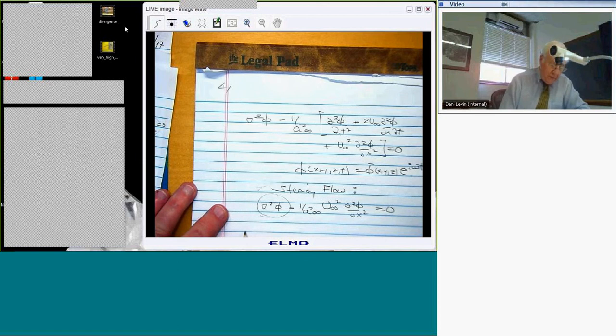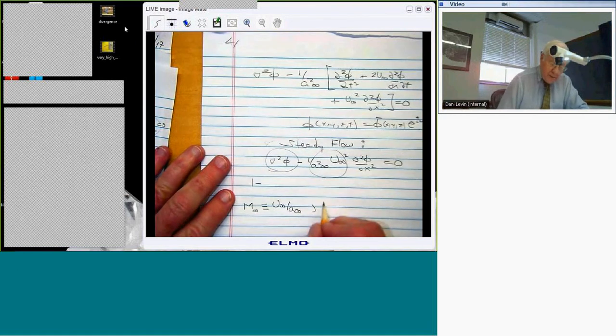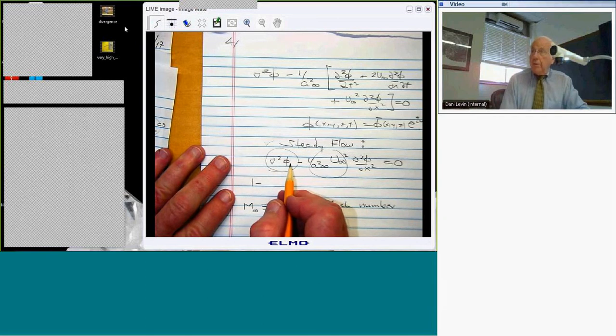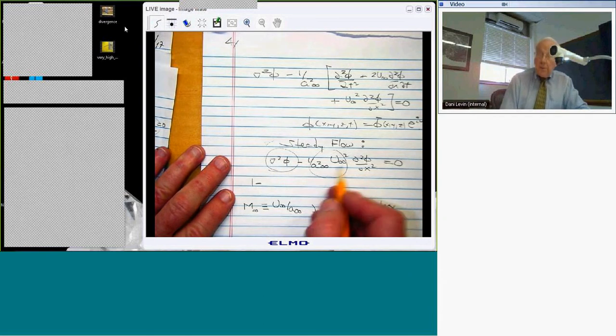So I've got 1 minus this ratio, which always appears in a prominent place, so I'm going to give it a special name. I'm going to call it the Mach number. So I've got a term that's 1 times the second derivative with respect to x, right? Minus the Mach number squared.